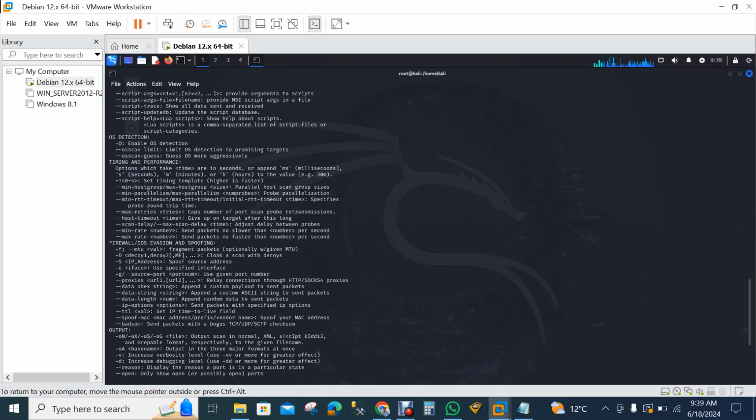So hyphen O means enable OS detection, operating system detection. You can use O, T, F, D, S, E, G. It's all about practicing at home. Just write nmap space hyphen T hyphen O hyphen H, like this way.